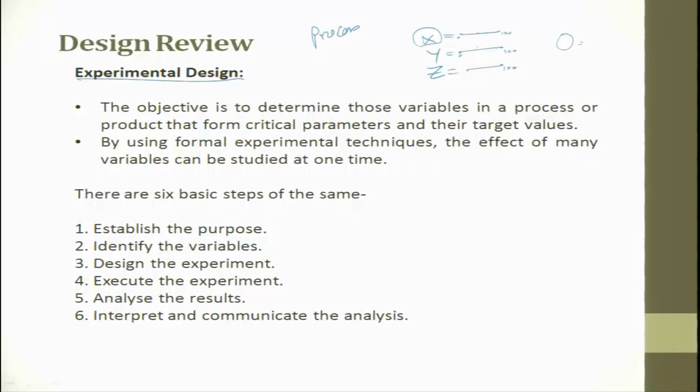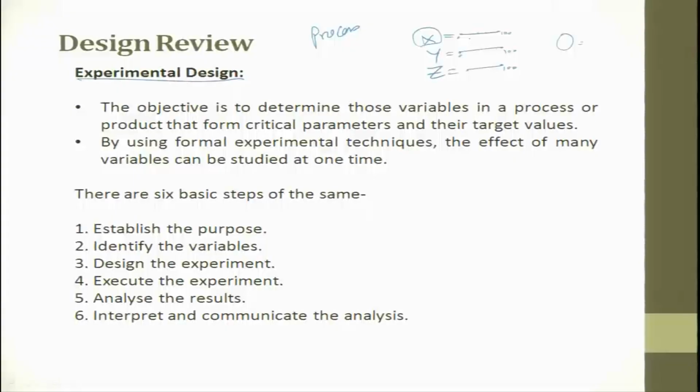Same way I will fix x and y and vary z. So you see there are so many experiments to be conducted, and conducting experiments means it is going to be costly. You have to have so much raw material or machines to conduct and evaluate it. So what we do is we try to talk about why don't we have a structured way of doing it. So the structured way of doing is nothing but designing proper experiments.